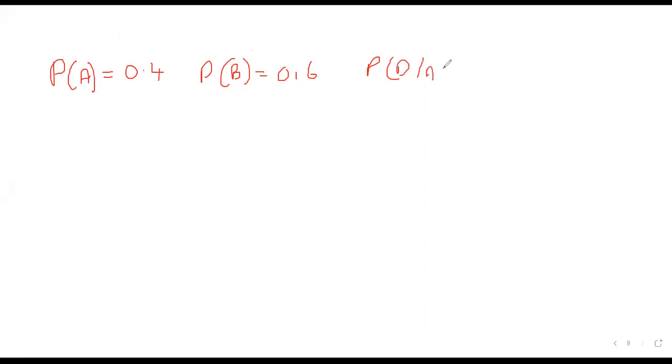Now, when we're using the tree diagrams to explain the concepts, for instance, if probability of A is 0.4, probability of B is 0.6, probability of D given A is 0.1, and probability of D given B is 0.04.